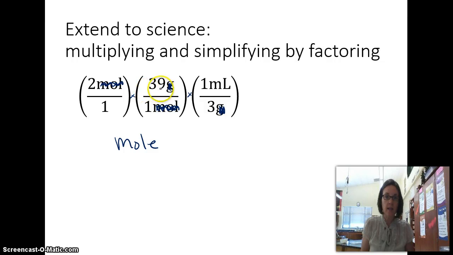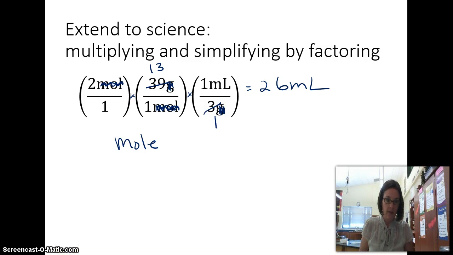And then I noticed that 39 is a multiple of 3. So I could divide this and I could say 3 divided by 3 is 1, 39 divided by 3 is 13. And then I have 2 times 13 times 1, that's 26, and the only units I have left are milliliters.